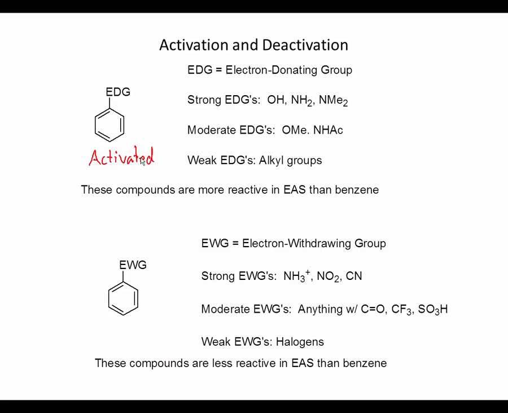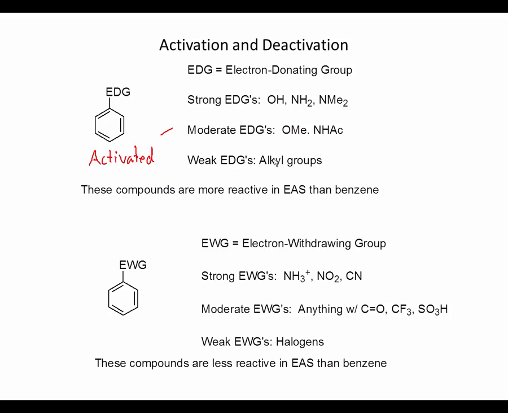Good examples of electron donating groups include the strong electron donators, OH, NH2, and alkyl derivatives of amines. Moderate electron donating groups are OMe and acylated amines, and the weak electron donating groups, the most common ones that we see of this class, are alkyl groups.